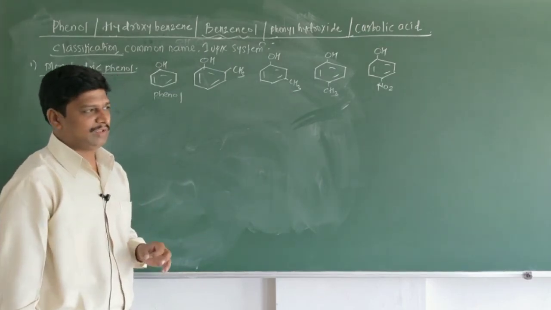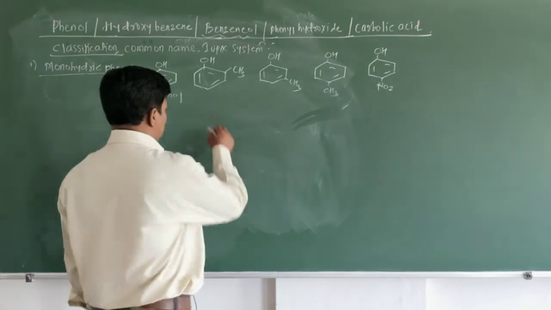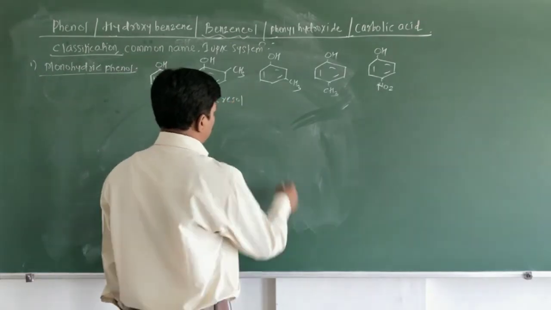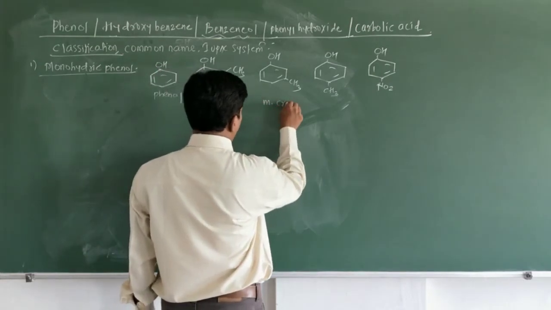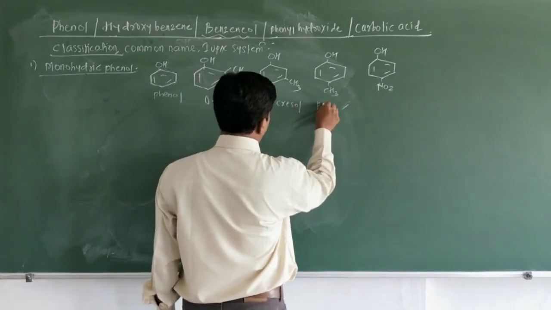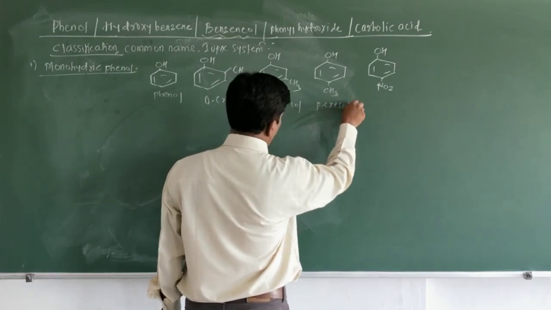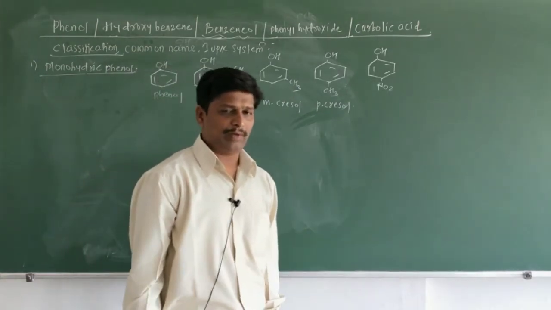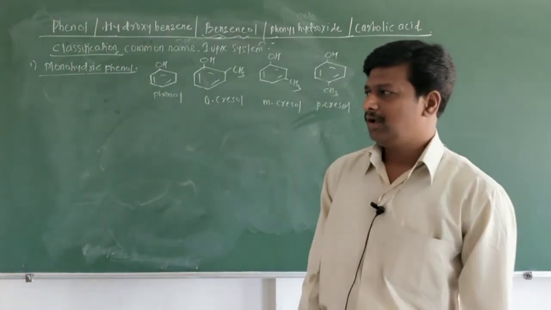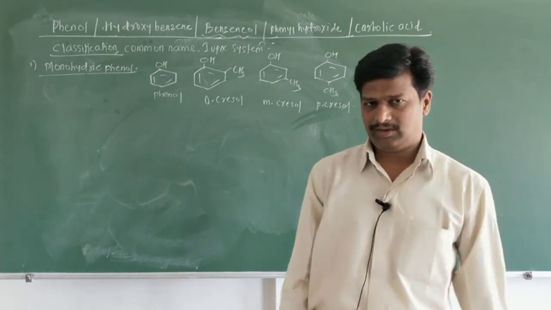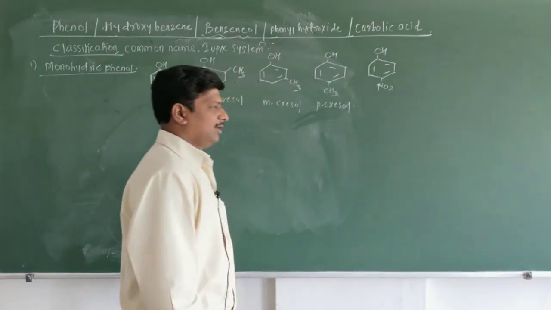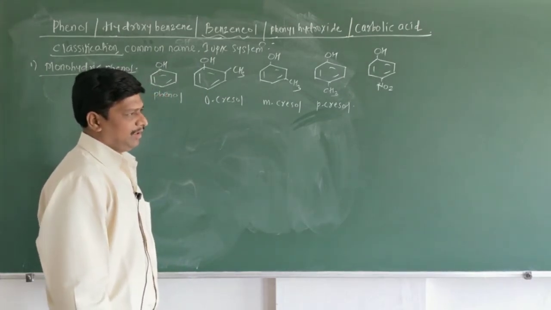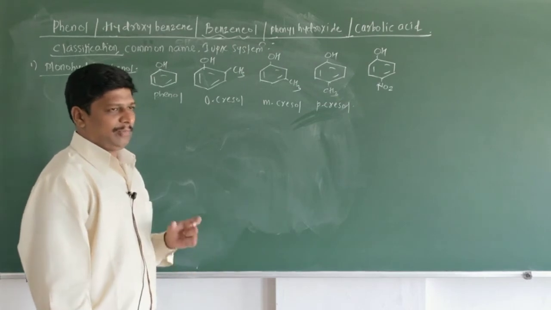This structure is known as orthocresol, then this is known as metacresol, whereas this is paracresol. This means when the benzene ring contains the OH group and the CH3, it is famous by the name cresol.